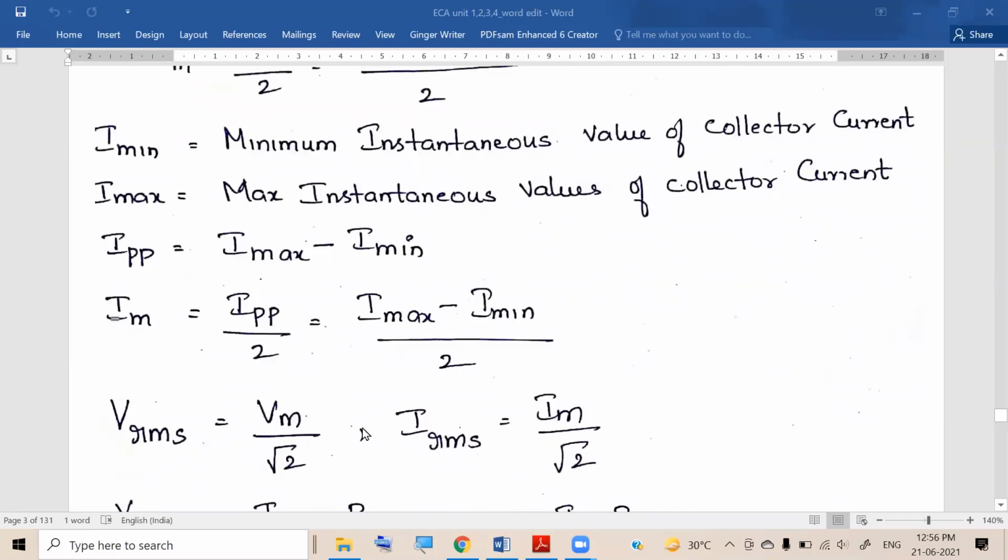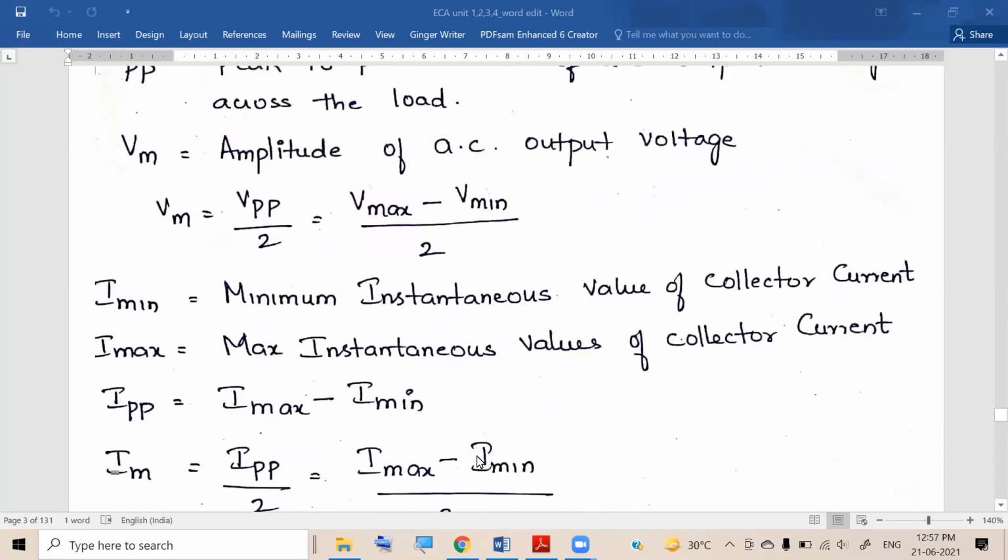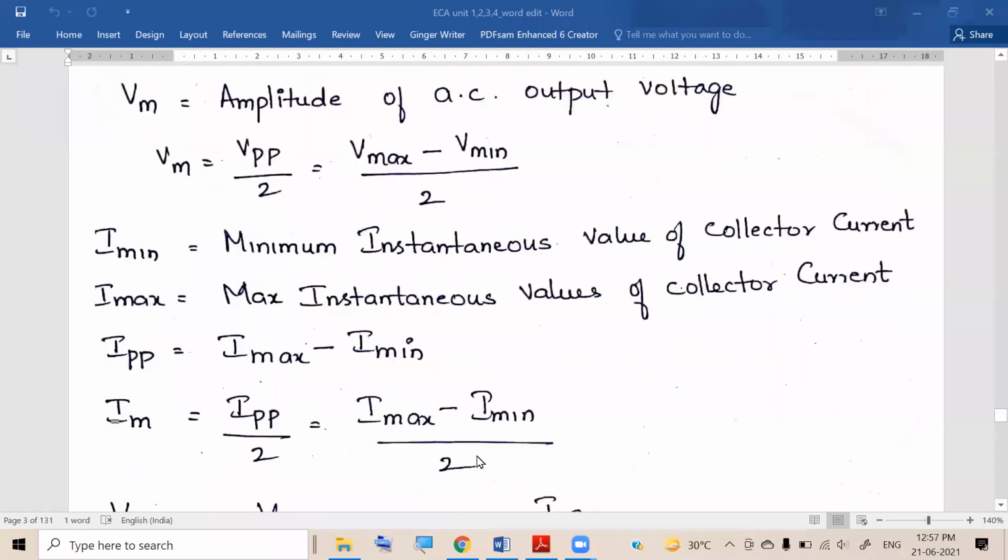It is because of the RMS value of a sinusoidal signal. What is the RMS value of a sinusoidal signal with amplitude Vm? Let us take a sinusoidal signal Vm sin omega t. What is its RMS value? Very important question, very easy question.